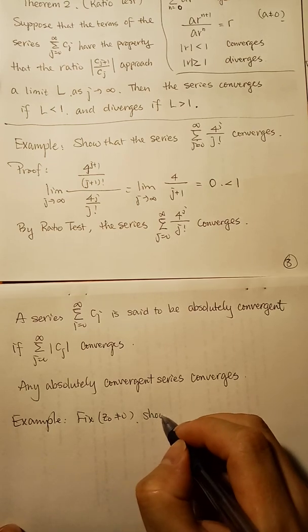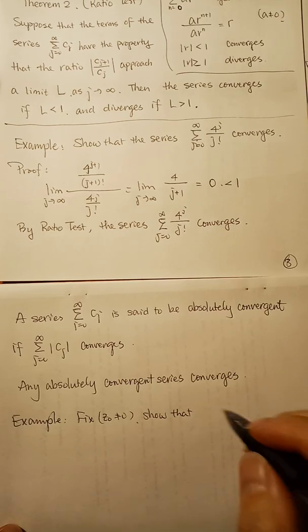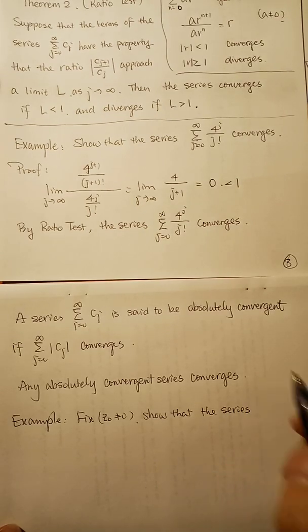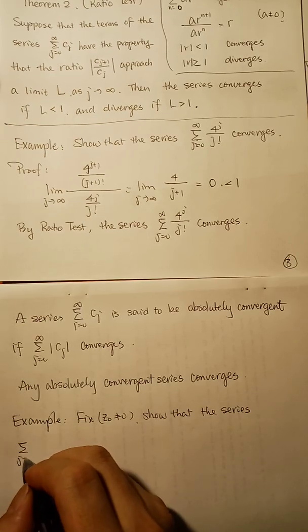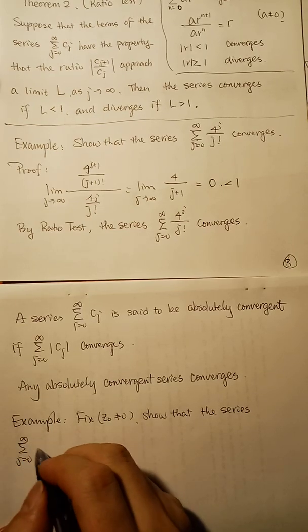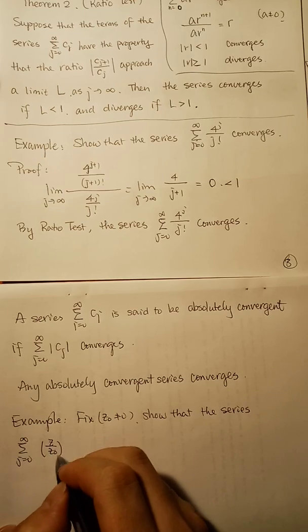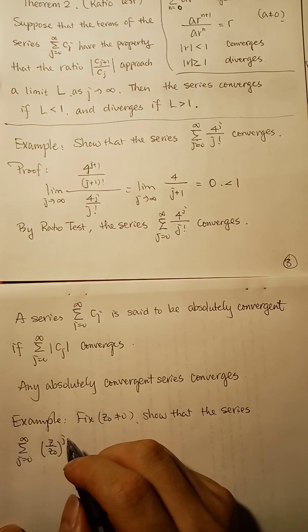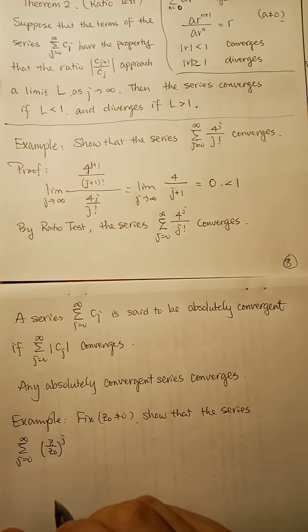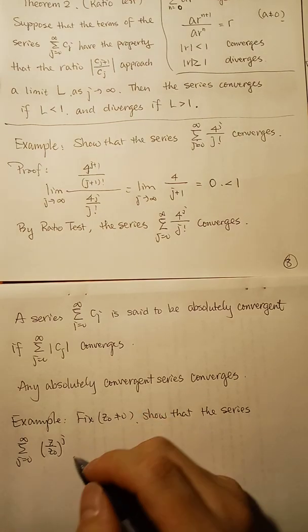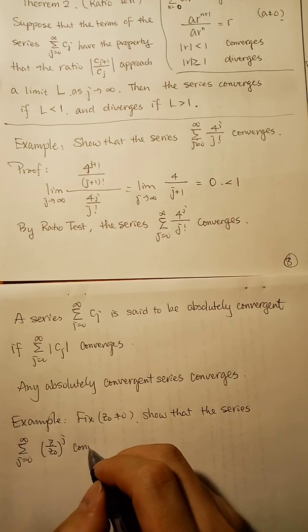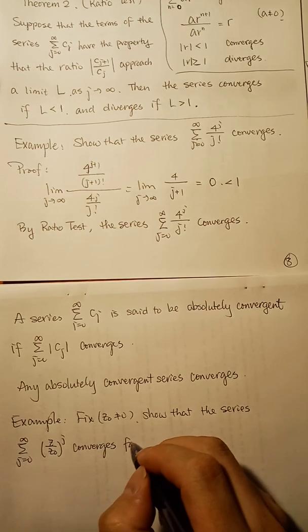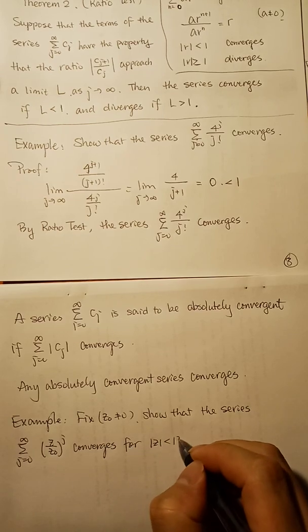Show that the series sigma j from 0 to infinity of z over z0 to the j's power converges for absolute value of z less than absolute value of z0.